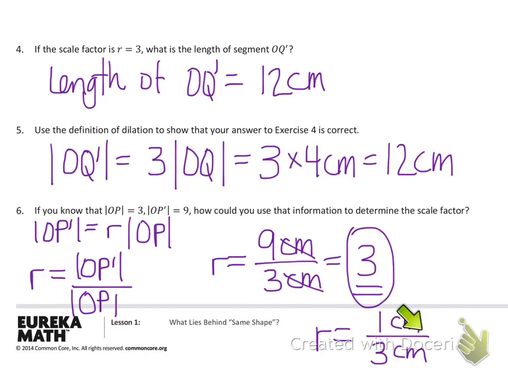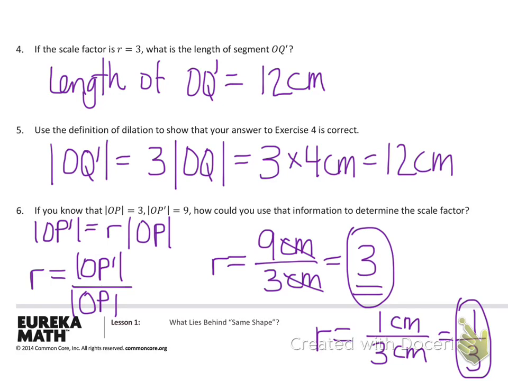So we've got this 1 centimeter dilated. So what would our scale factor be in that case? Well, it would be a fraction, 1/3. It would be a multiplier like that. So that doesn't go with this problem, but just so you can see that to get these fractional scale factors, it requires that the distance to the image be smaller, so that we have a smaller number in the numerator than in the denominator, giving us a number less than 1.